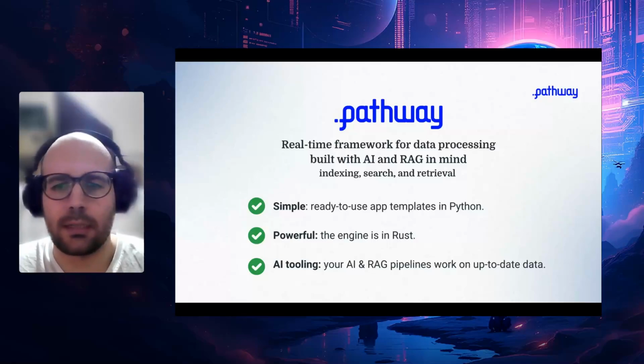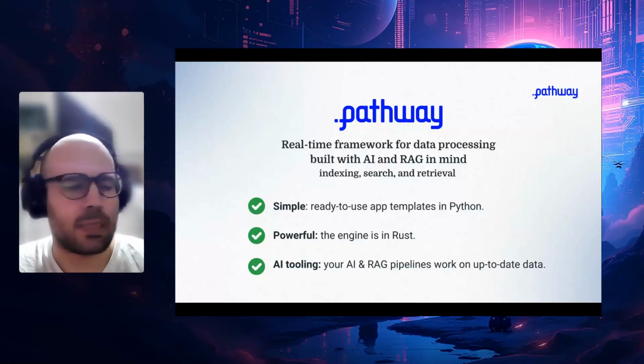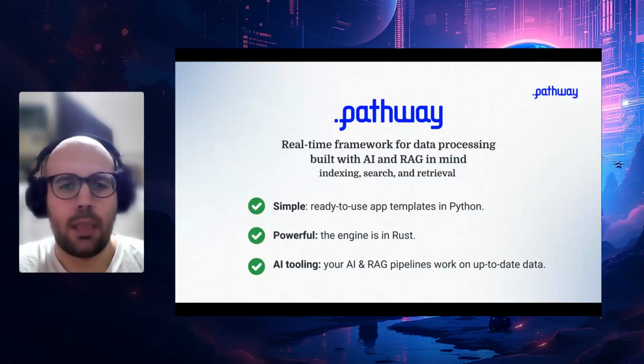On top of that, we prepared some ready-to-use AI and RAG pipelines. You can just go to our page and run them, and this will work. And you can also customize them without touching any Python code.